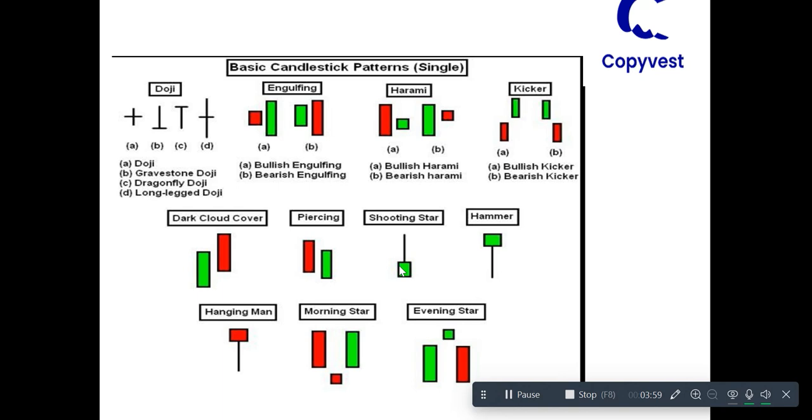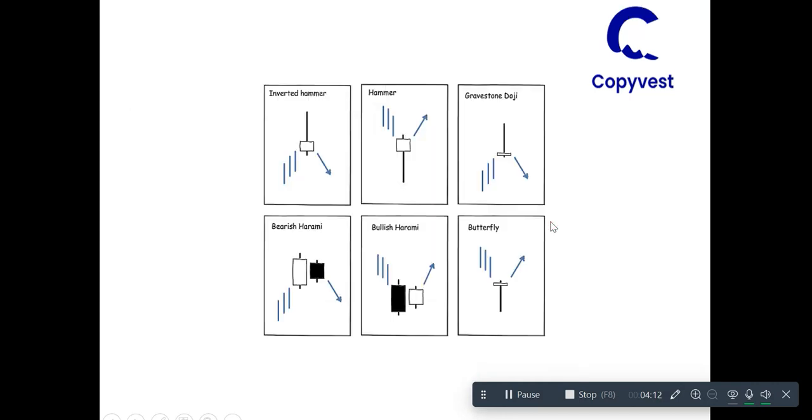The shooting star is like an inverted hammer, which is at the top of a trend and depicts possible trend reversal. So there are some applications for this. You would see this inverted hammer as price is going in an uptrend. This is a hammer. This is a hammer in a downtrend.